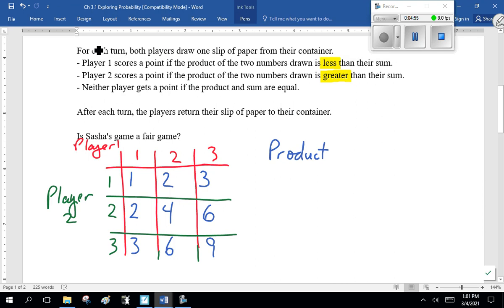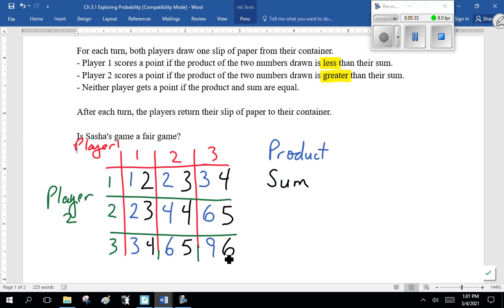And then let's look at the sum. 1 plus 1 is 2. 2 plus 1 is 3, 3 plus 1 is 4, 2 plus 1 is 3, 2 plus 2 is 4. Oh, sorry, no, this 2 plus 1 is 3. I know, I can hear you screaming at me, never mind. 2 plus 3 is 5. 3 plus 1 is 4, 3 plus 2 is 5, 3 plus 3 is 6. Alright. Now, did I make any mistakes? No, I don't think so.